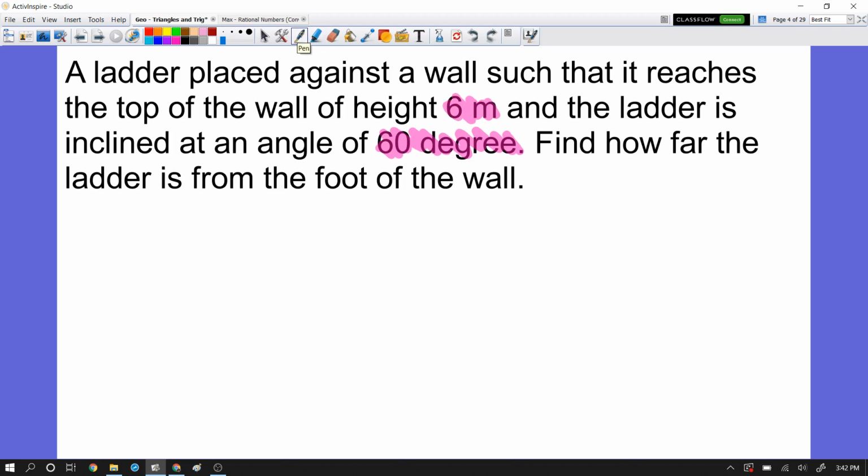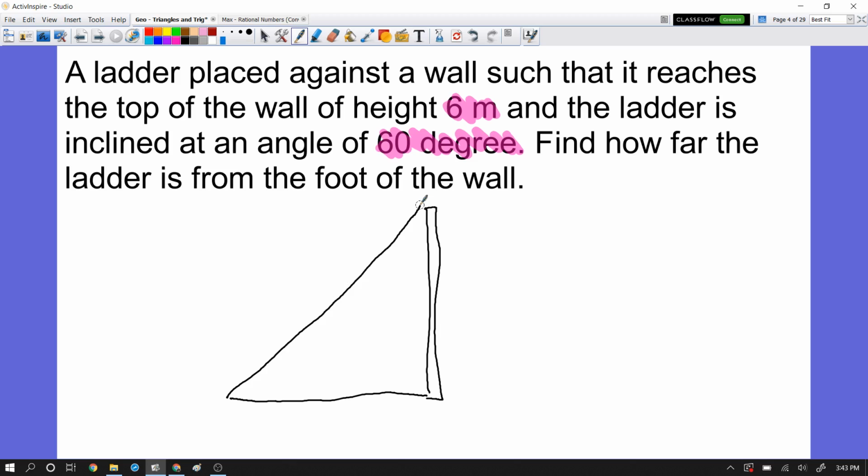All right, how far the ladder is from the foot of the wall. So that's a distance. Here is a wall, and there is a ladder. We have no idea, and that's going to be a right angle. The ladder is inclined at an angle, so the incline is 60 degrees.